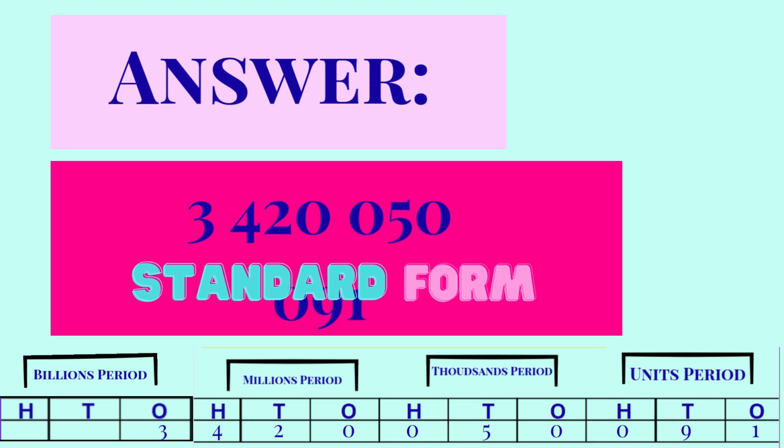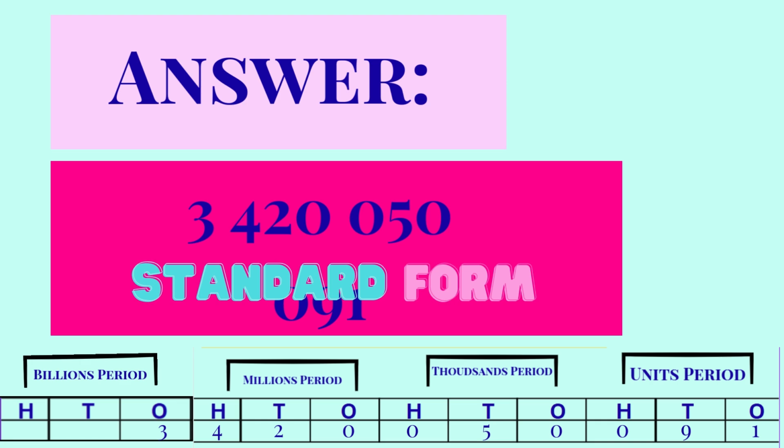The next words given were 50,000. 50,000 would be 50 followed by 3 zeros in the units period. But it wasn't done. Then you have the number 91. In the units period, that would be written as 091 because there are no hundreds.